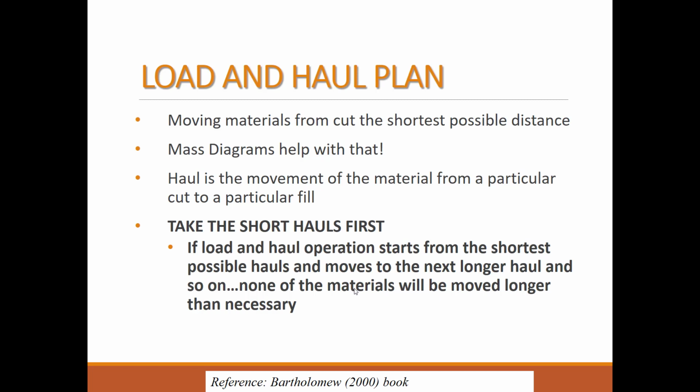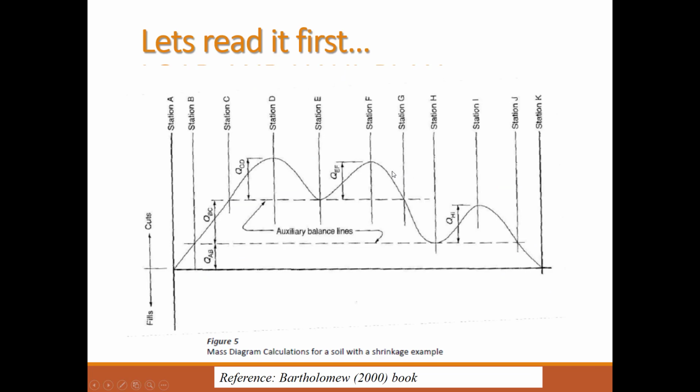We try to take the shortest hauls first. If load and haul operations start from the shortest possible hauls and move to the next longer haul and so on, none of the material will be moved longer than necessary, and this would be the most economical load haul plan. Alright, let's go ahead and read through this first.